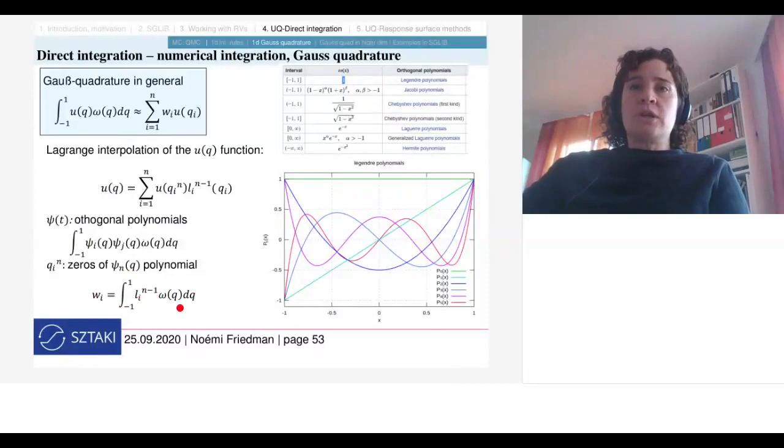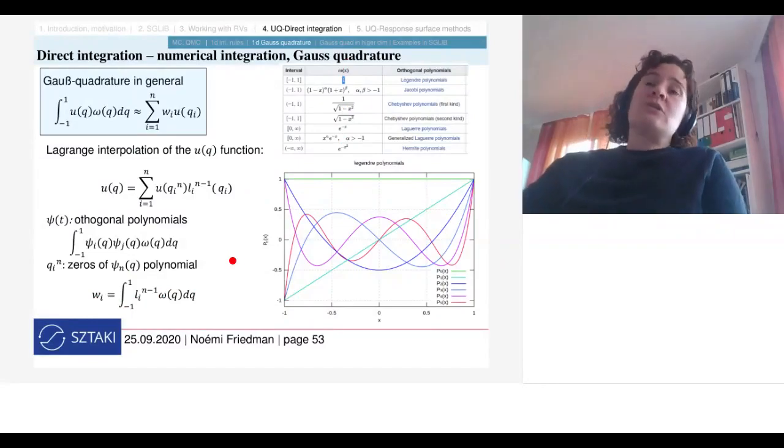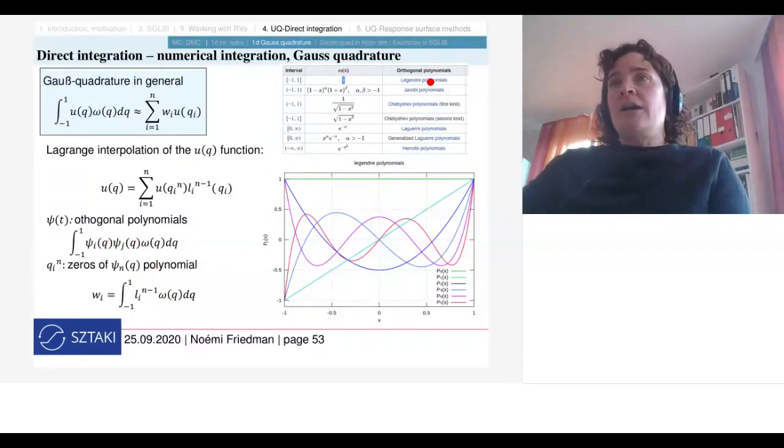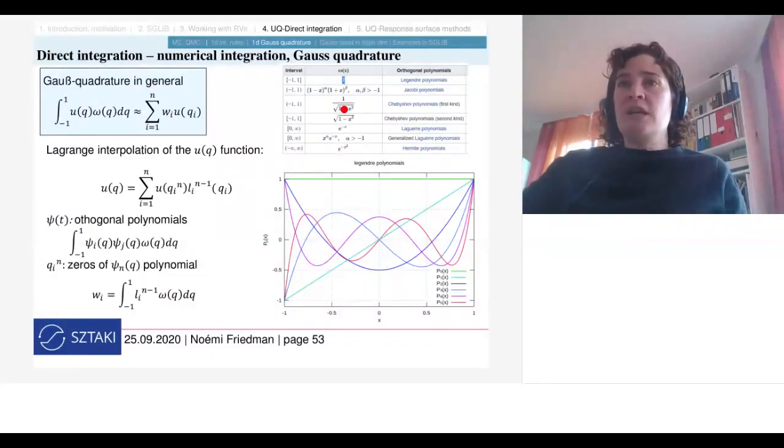Depending on what weighting functions you have, you will see different weighting functions here. Then the polynomials orthogonal with respect to them are the Legendre, the Jacobi, the Chebyshev, the Laguerre, and the Hermite polynomials. Now, this is something like the Gaussian distribution function.